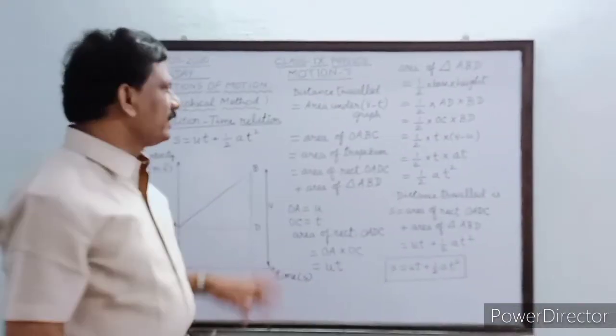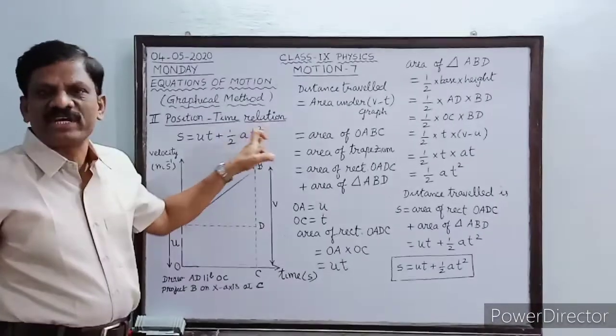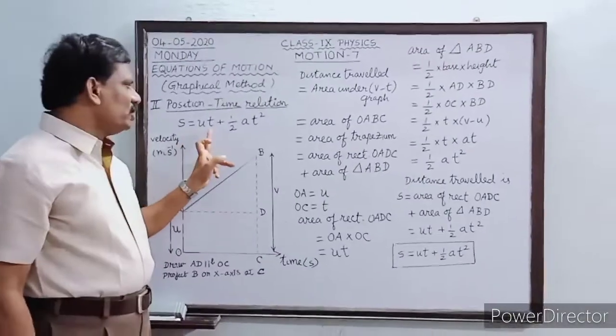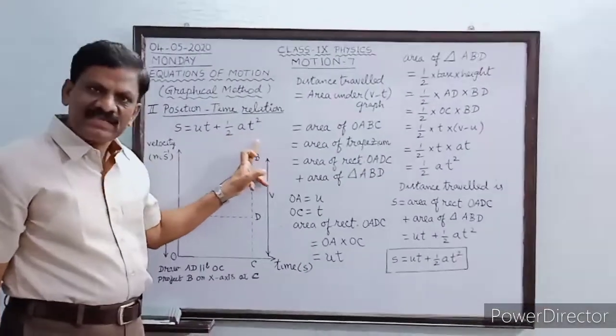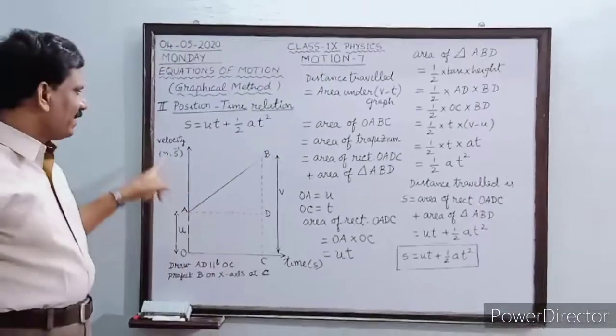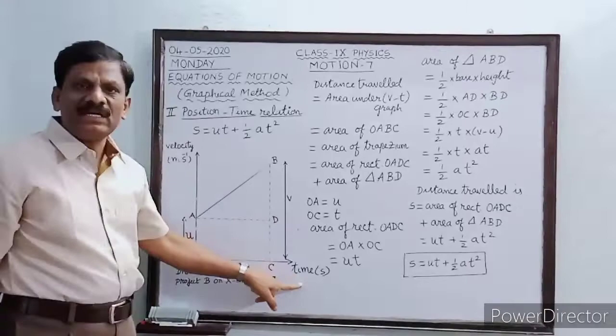Okay students, now let us derive the second equation of motion, which is called as position time relation. It is given by S equal to ut plus half at square. Look at the graph once again. It is a graph drawn by taking velocity along the y-axis and time along the x-axis.